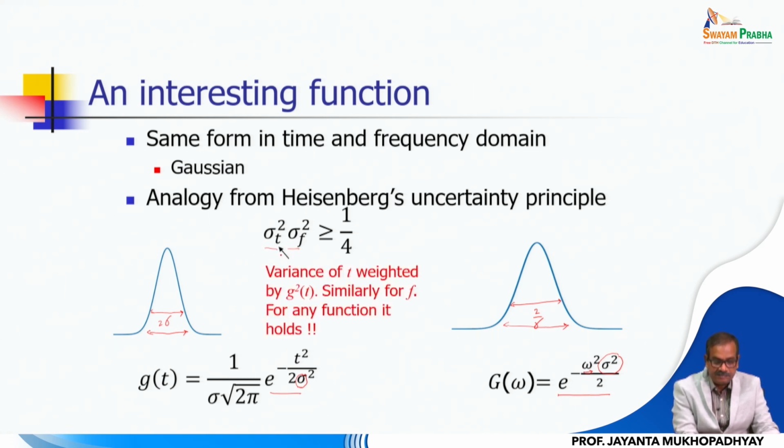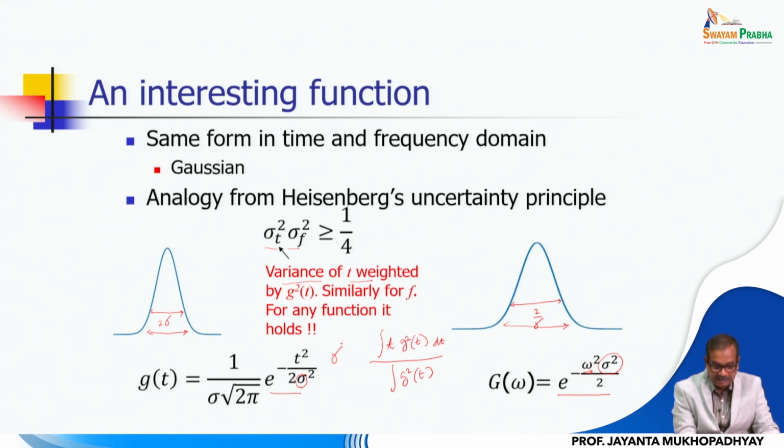So this variance is defined as the integral of t weighted by g squared t, taken about the mean. This is the definition of a variance when we have a function g(t).